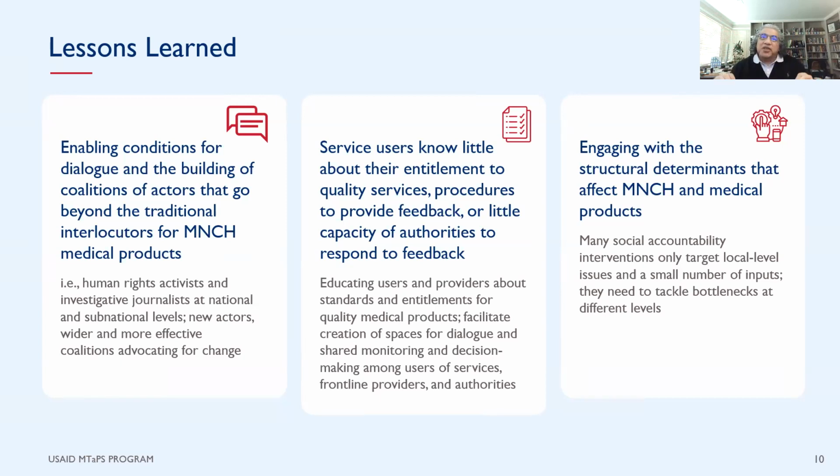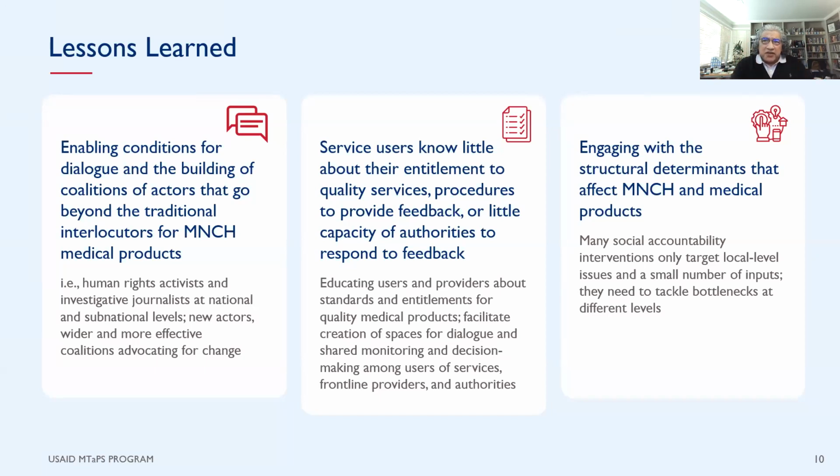So it is true that many social accountability interventions are only implemented at the local level. But that doesn't mean that we should only stay at the local level. The most successful social accountability interventions are the ones that start at the local level, but manage to build coalitions at different levels of government, so they can actually act on the conditions that are causing the problems happening at the local level.